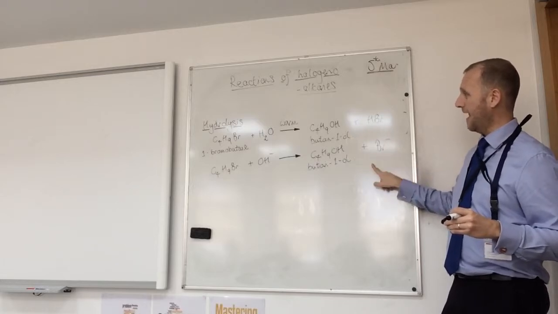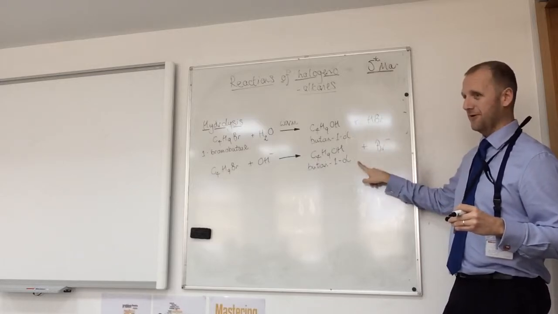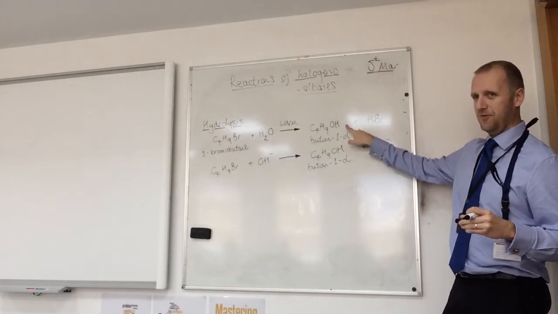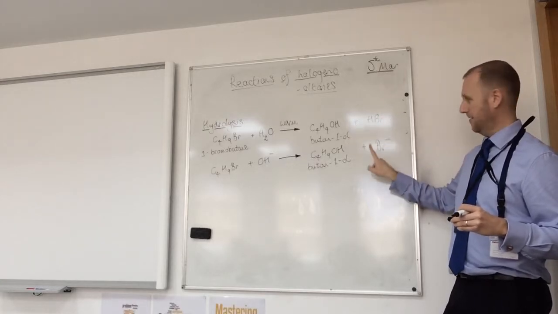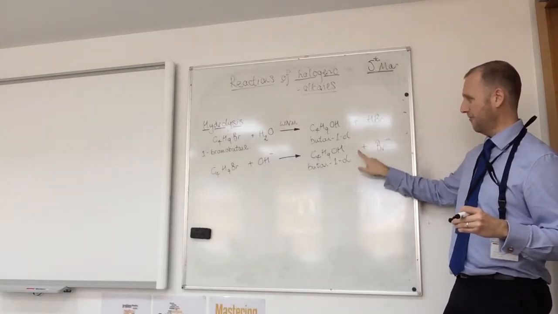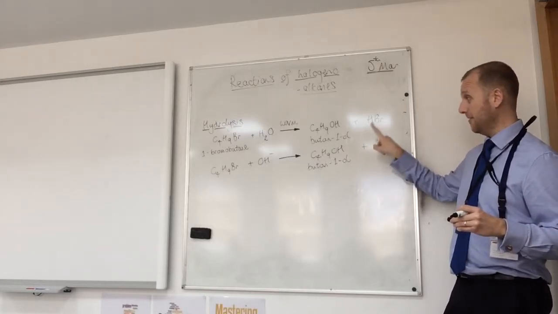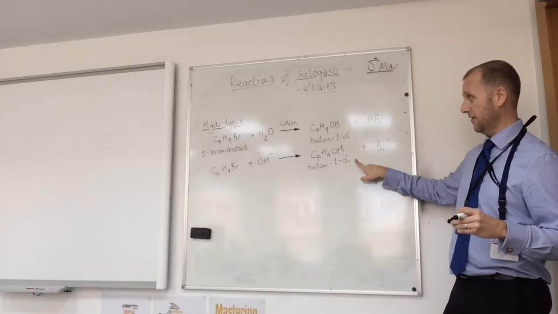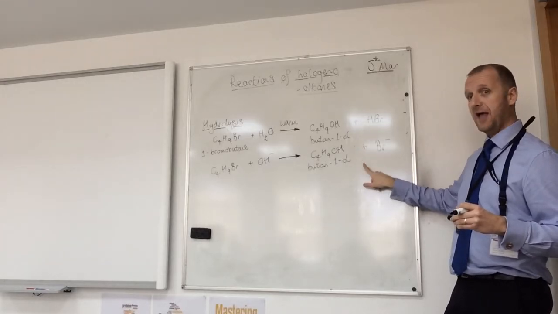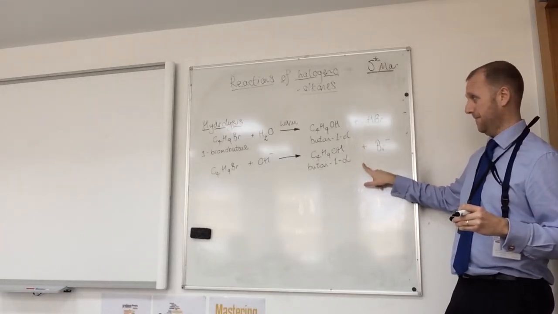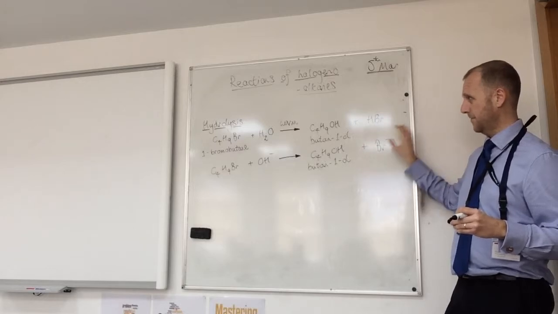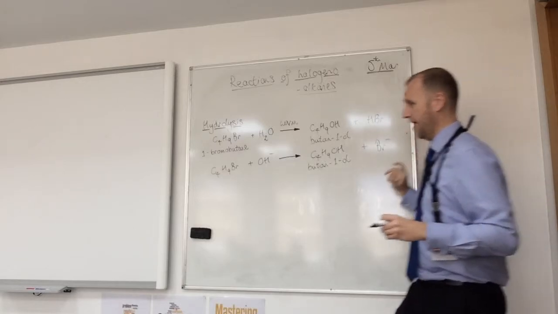To do this with an alkali is much the preferred route rather than just using water. Most of the time in exam questions you'll be answering how do we hydrolyze a halogenoalkane? With OH minus, or with potassium hydroxide, something like that. So, two hydrolysis reactions.